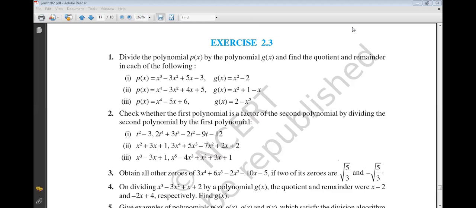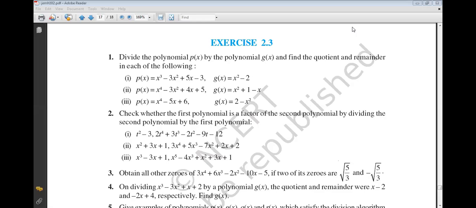On the board I will solve the first question, and then the other two you have to solve. So the first question is to divide the polynomials. I'll perform the division algorithm on the board.